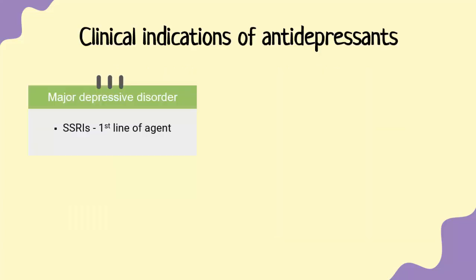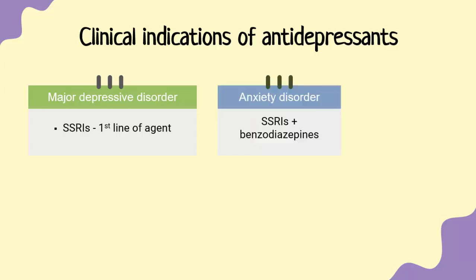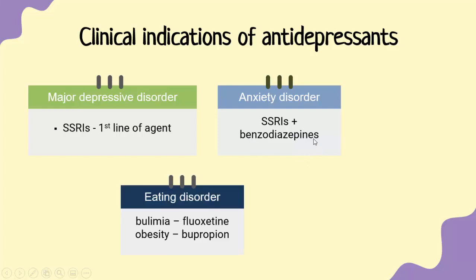Now, just to mention some of the indications of antidepressants. For example, in patients with major depressive disorder, SSRI is always the first line agent. For anxiety disorder, we can use an antidepressant, SSRI, together with a sedative drug like a benzodiazepine.